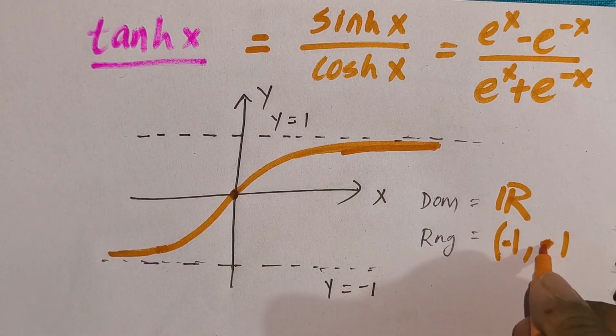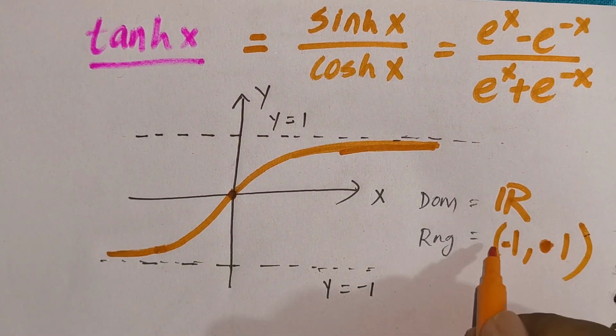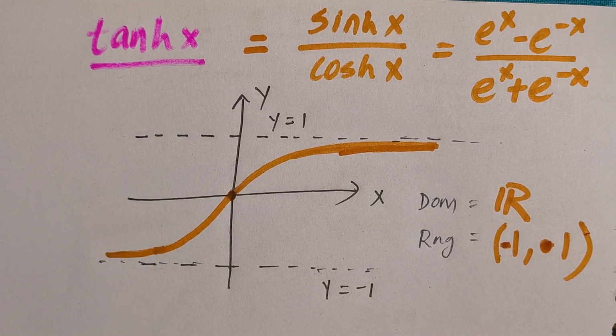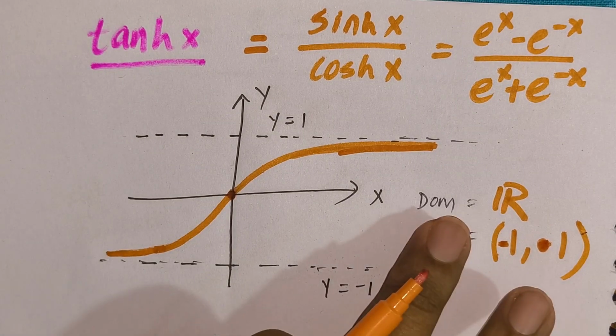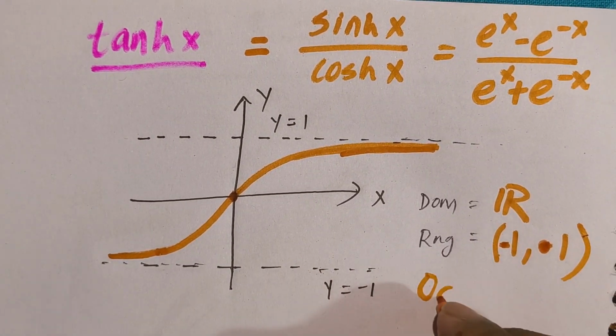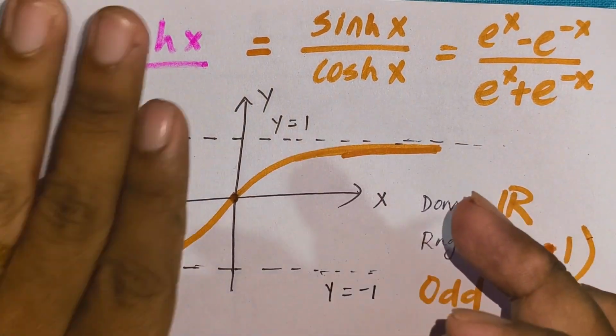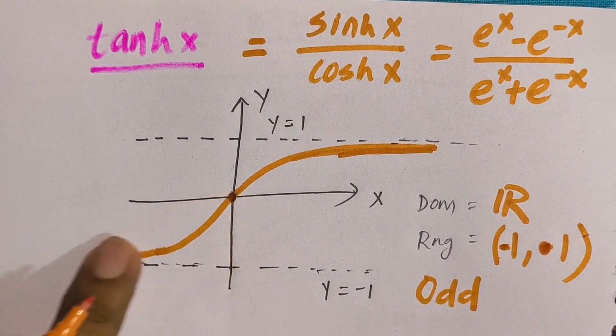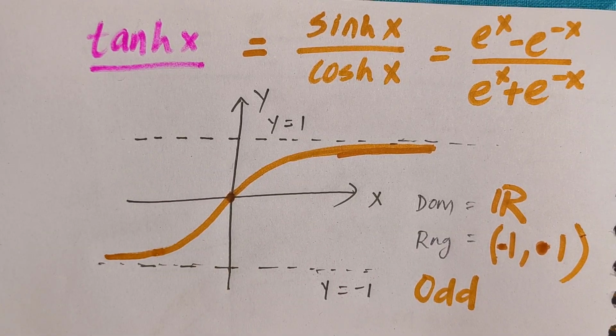Sorry, this is minus 1 to 1, minus 1 open, also 1 open. This is the range, this is the domain. This is also an odd function. Reflect this part by the y-axis and again by the x-axis, and you will get this curve. So this is an odd function.